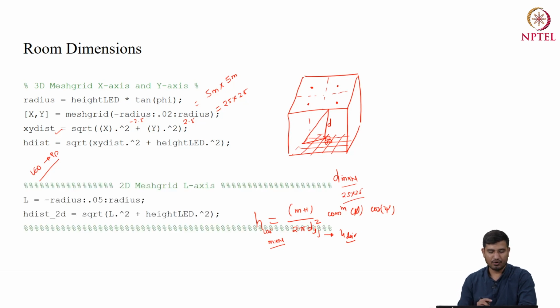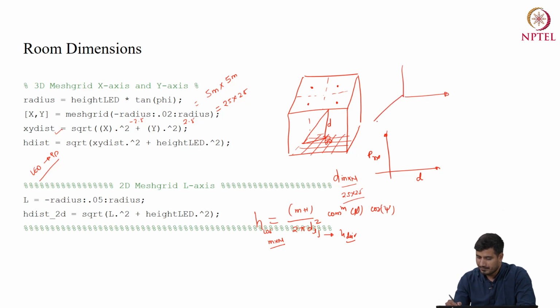Moving ahead, you can also draw a 2D mesh grid if you are interested only in the 2D power profile, where the received power is a function of distance. So you can do it with a 2D mesh grid as well. But with the help of the 3D mesh grid, you will get a 3D power profile.